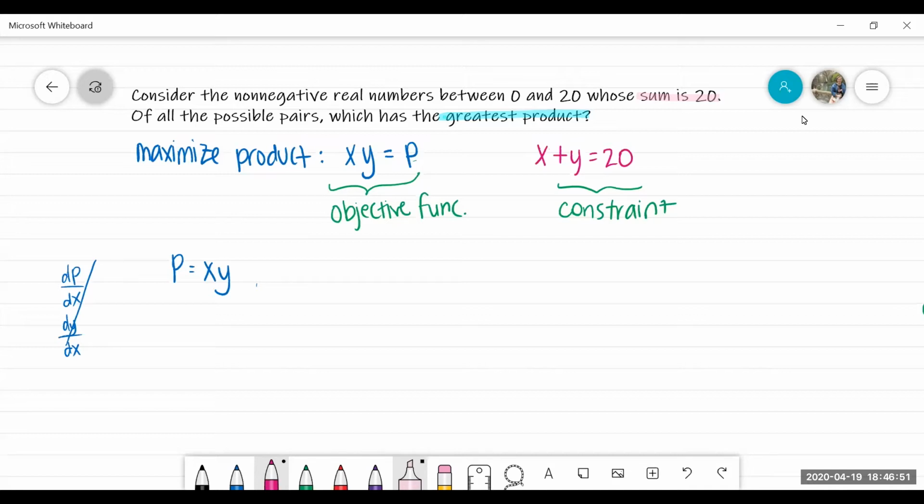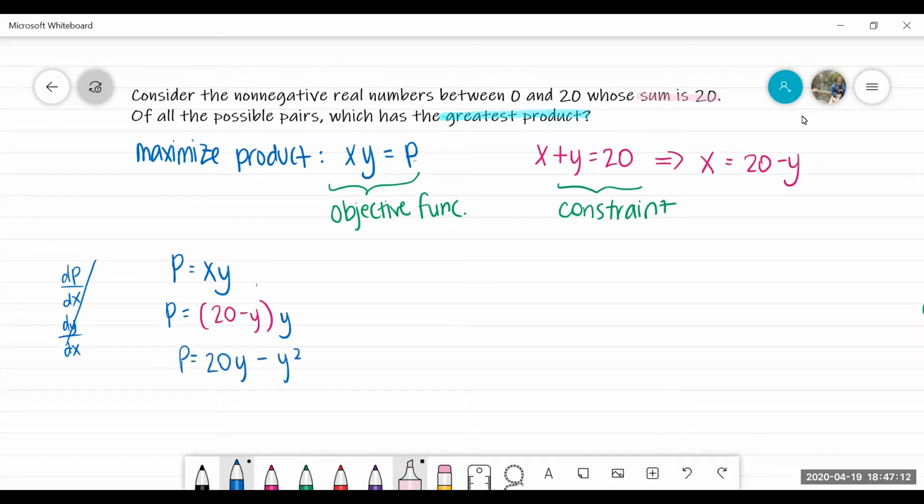So, let's solve for one of these variables. Let's just say x is equal to 20 minus y. So that when we're over here, we can say p is equal to, and instead of x, 20 minus y times the y that's already there. So p is equal to 20y minus y squared. Now notice we have not taken a derivative yet, right?